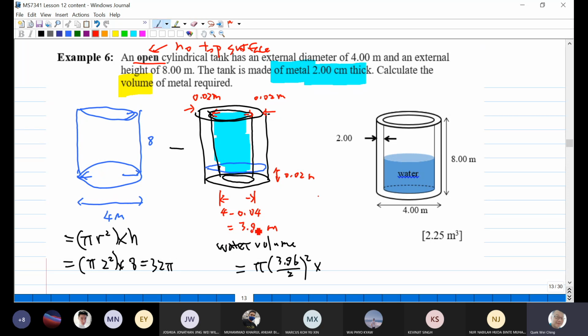And the height in this case is actually 8 minus 0.02, which is 7.98 now. Thickness 0.02 here. So this is 7.98 here.